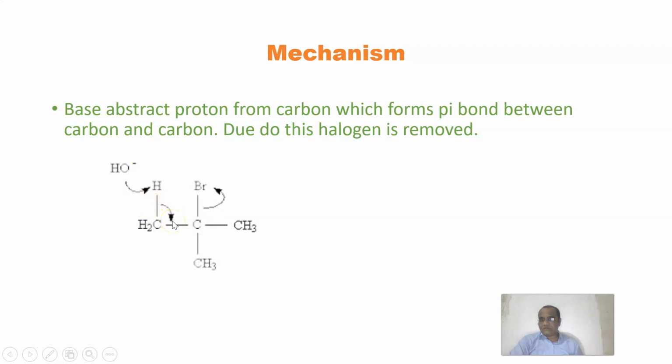Here it forms a double bond, one sigma bond and one more that is a pi bond. Due to this pi bond formation, simultaneously the group departs. Here you can see the breaking of the bond between carbon and bromine. It breaks towards bromine. Again it indicates the flow of electrons.